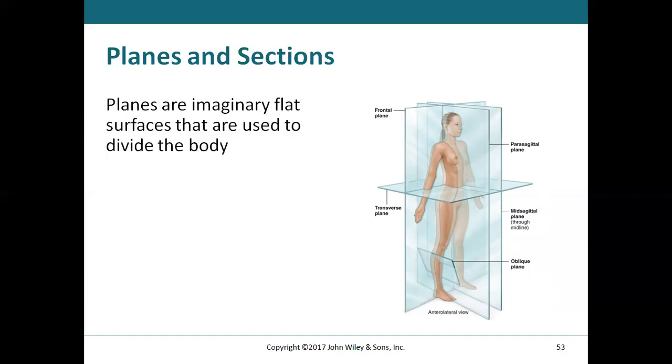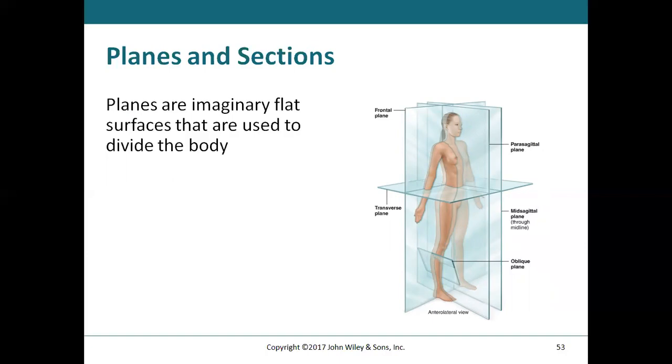So if you were going to take yourself and slice your body from front to back, anterior to posterior, that would be considered the frontal plane. The transverse plane would be if you made slices from essentially the top of the cephalic region down to your feet.